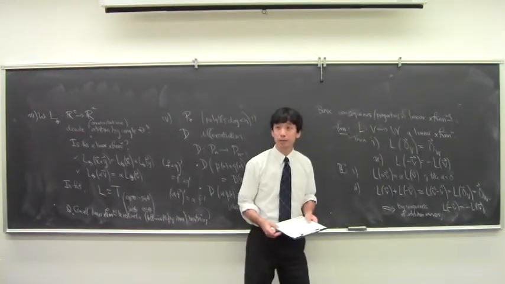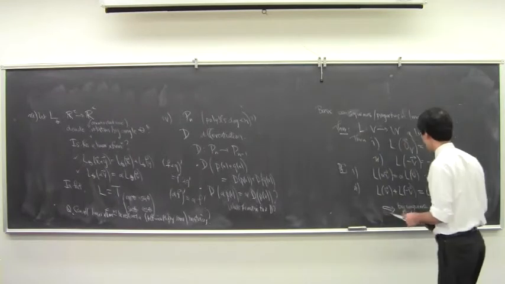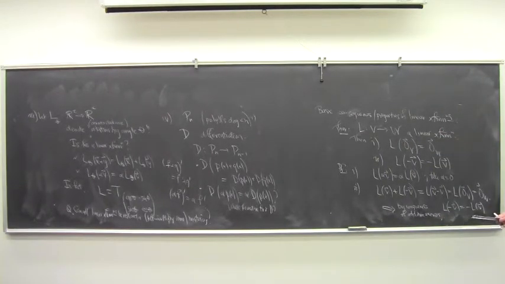Yeah, Mia. Oh, I was just wondering, could you also say that alpha equals -1 and then use the rule L of alpha v is equal to alpha L of v? Yes, I think so. Yeah, that'll do.